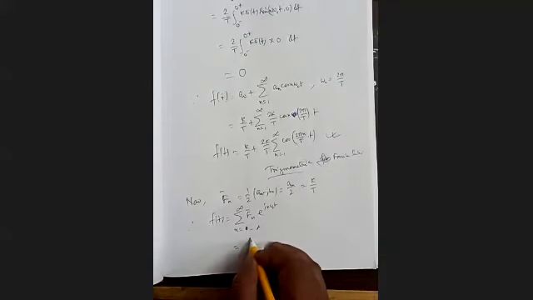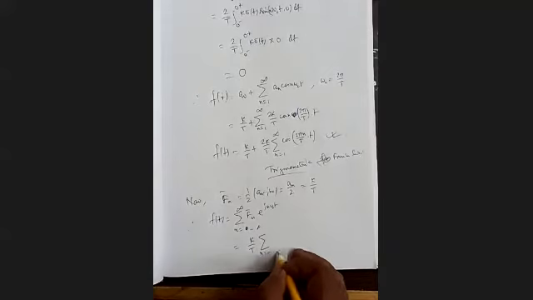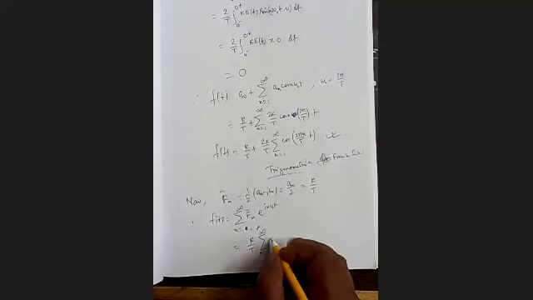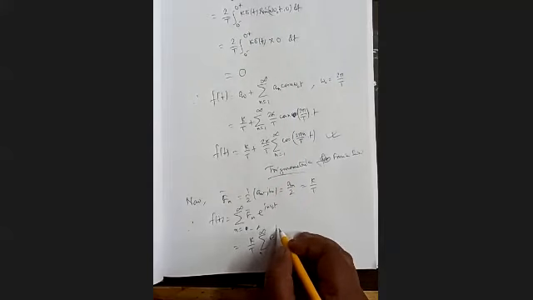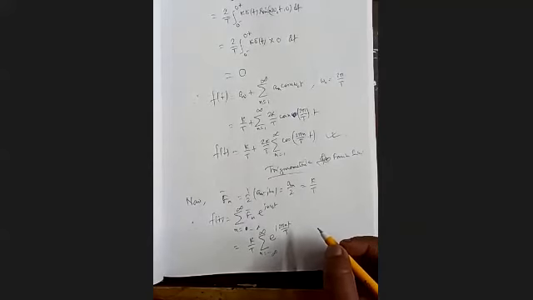So Fn bar is k by T, e to the power j 2 pi n t by capital T. Clear? So this is the expression of f of t.